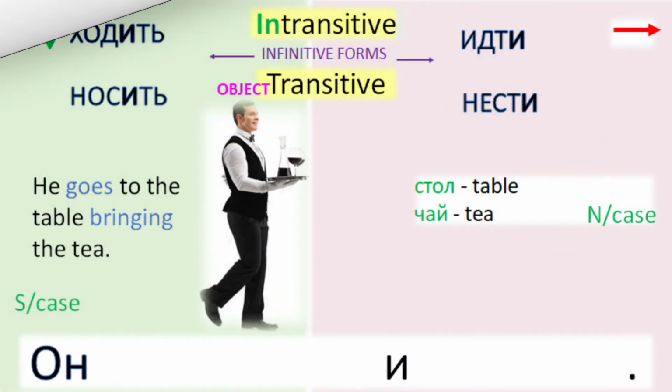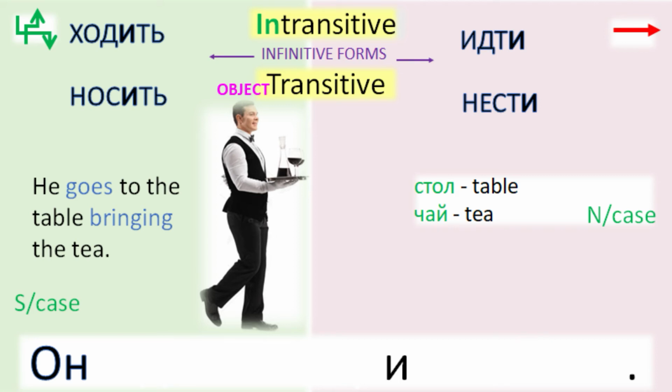Now we will look at other examples. Your task is to choose the correct verb of motion from two suggested infinitive forms and conjugate it. Then decline, that is, put the nouns in the correct cases. See how it works.